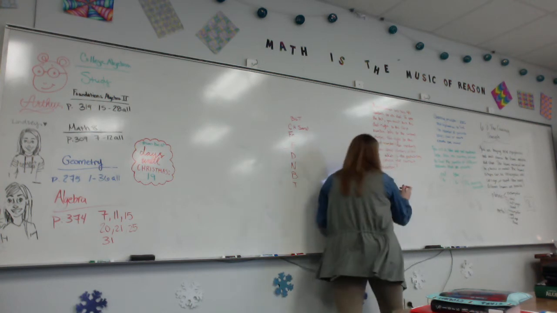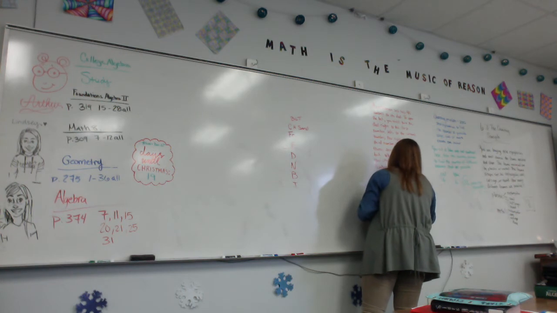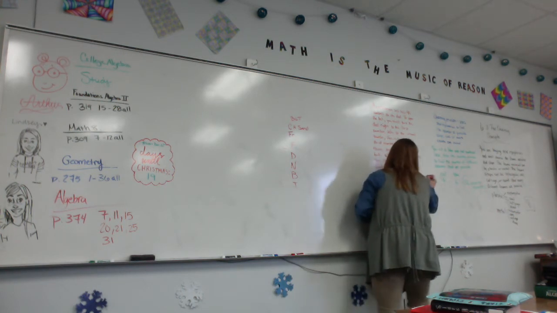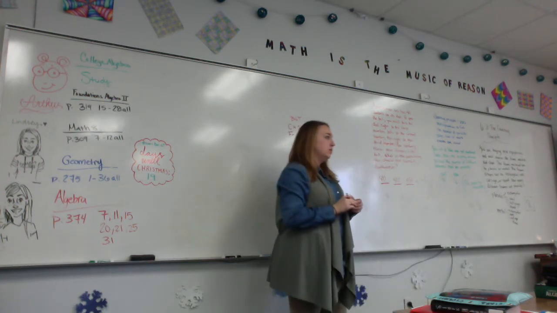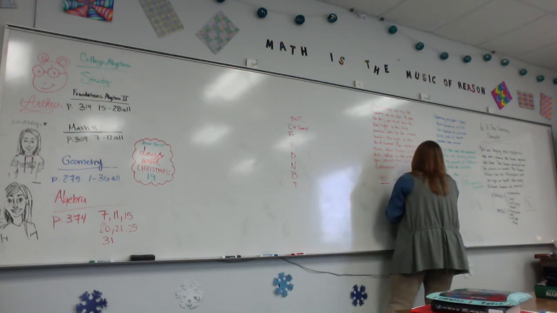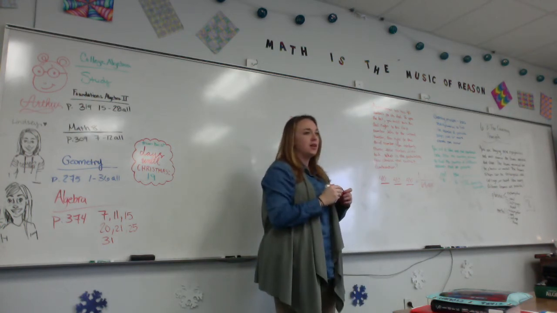How many options do you have for the second number? 40. How many options do you have for the third number? 40. So you have to multiply all those together. What is 40 times 40 times 40? 64,000. So you have a 1 in 64,000 chance of getting that combination right.